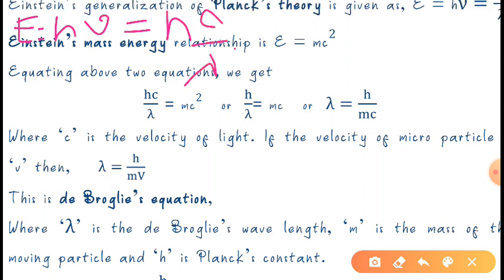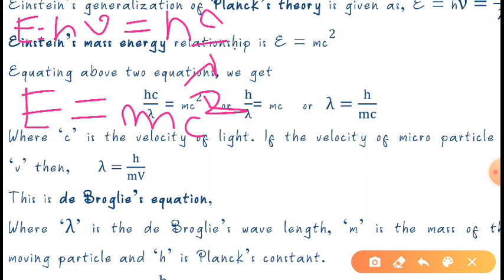I hope you are understanding this. Now again, if the energy of a photon is E, and it has a mass m and is moving with the velocity c, then from the Einstein mass energy relationship we can write E is equal to mc square.